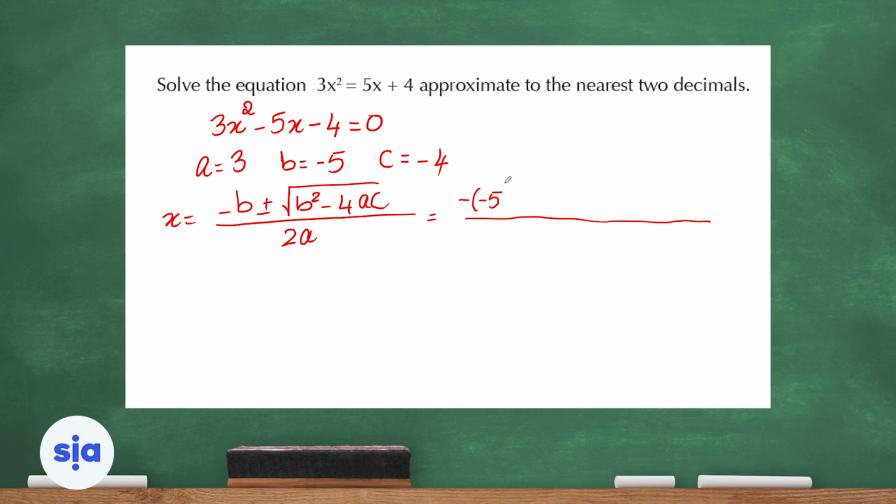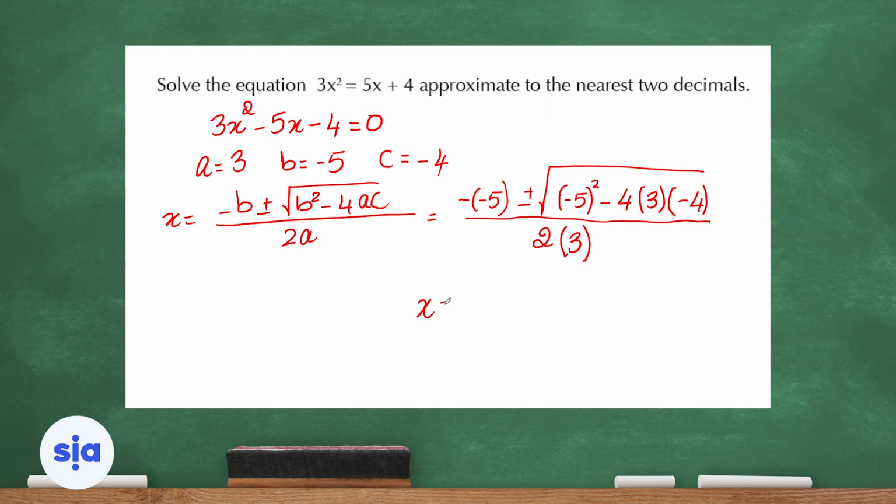Once before the square root you make it minus, you find the value of x, and the other time you make plus.